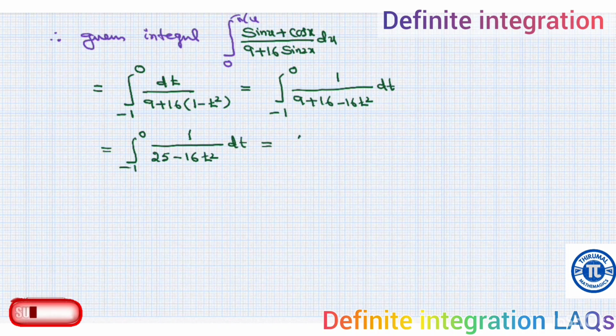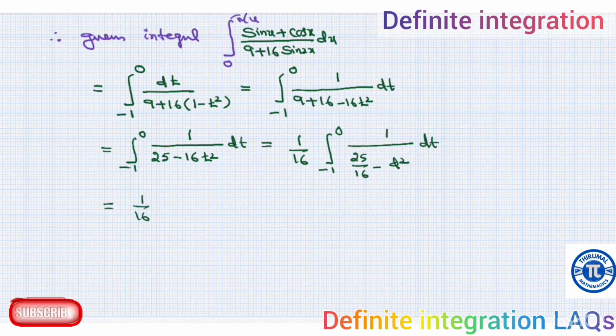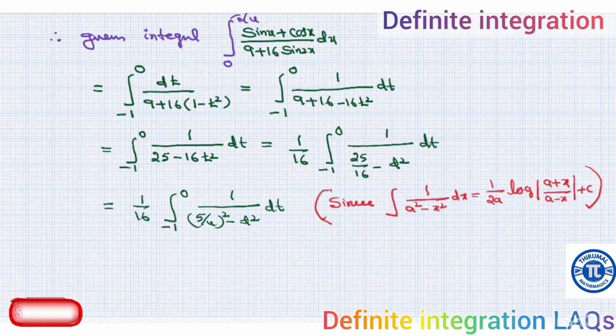Now taking 16 out, it is 1 by 16 into the integration from minus 1 to 0 of 1 by (25 by 16 minus t square) dt. That is 1 by 16 into the integration from minus 1 to 0 of 1 by ((5 by 4) whole square minus t square) dt. Now apply the formula: the integration of 1 by (a square minus x square) dx is equal to 1 by 2a log of mod (a plus x) by (a minus x) plus c.